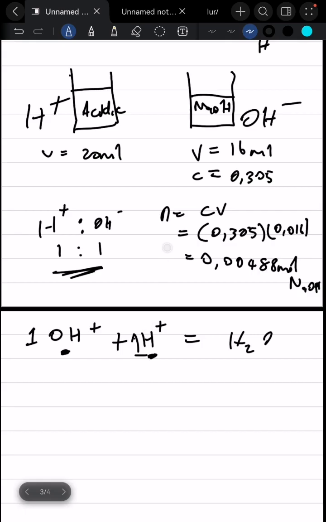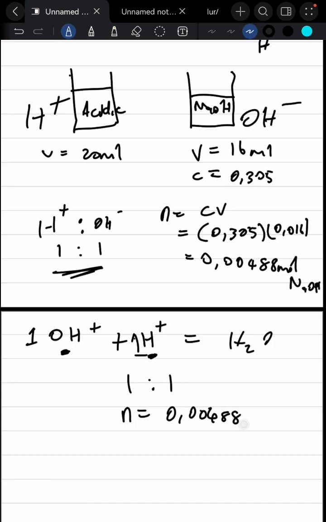So since the ratio is 1:1 and I have the number of moles of the hydroxide ion that reacted, I will have the exact same moles reacting for the acidic solution.